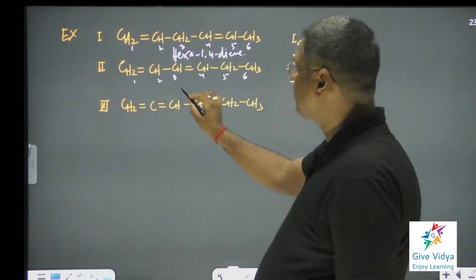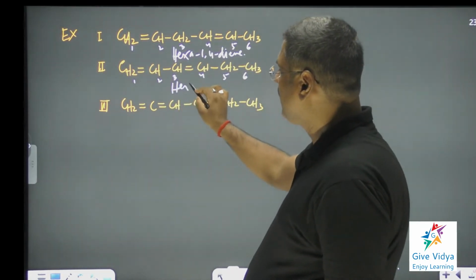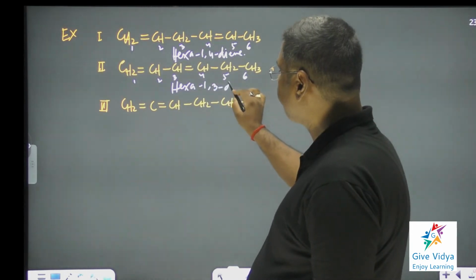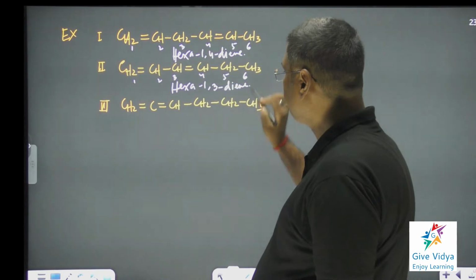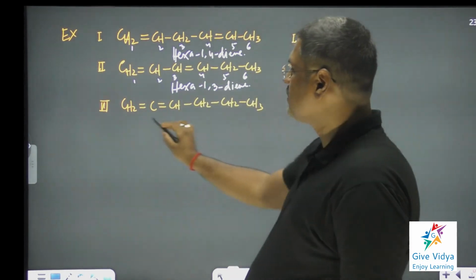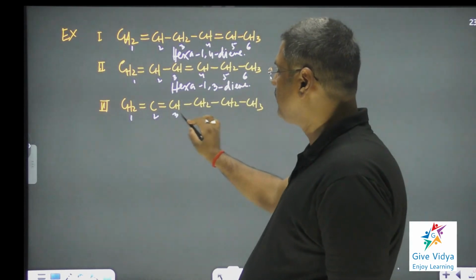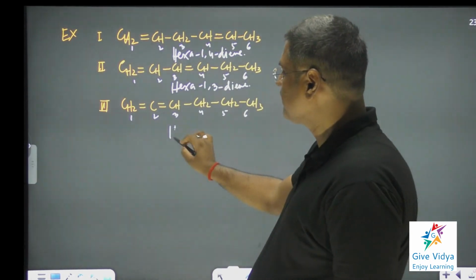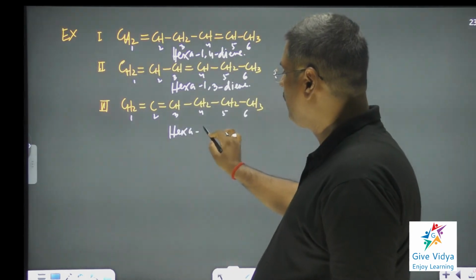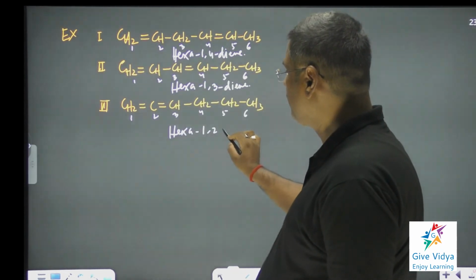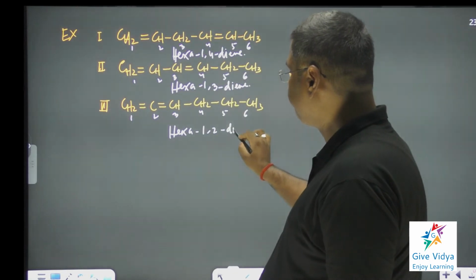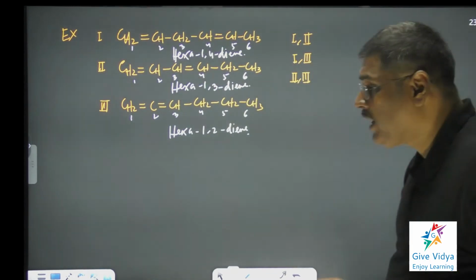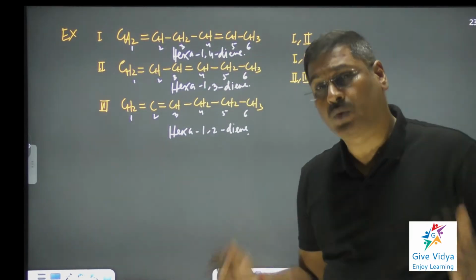This one is hexa-1,3-diene. And in this case, this one is 1 and 2, 3, 4, 5 and 6. This one is hexa-1,2-diene. 1,4-diene, 1,3-diene, 1,2-diene.